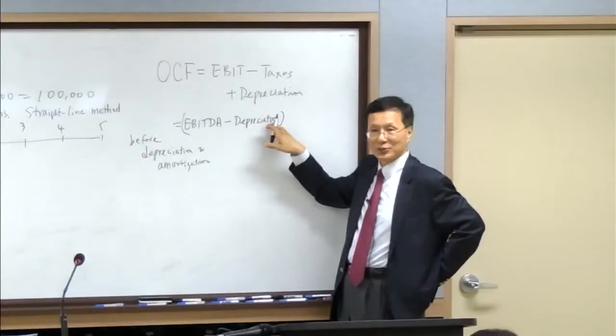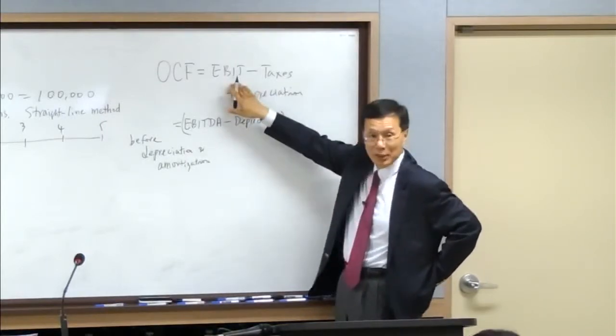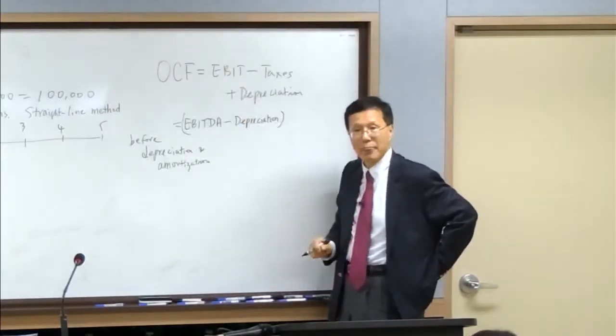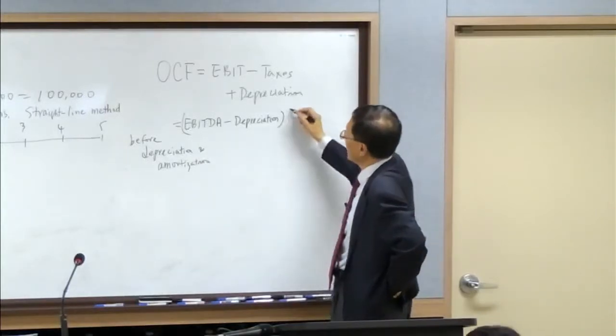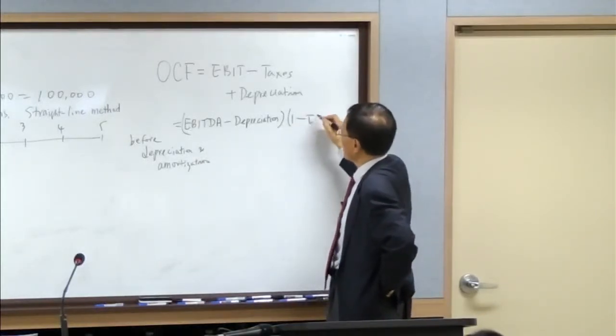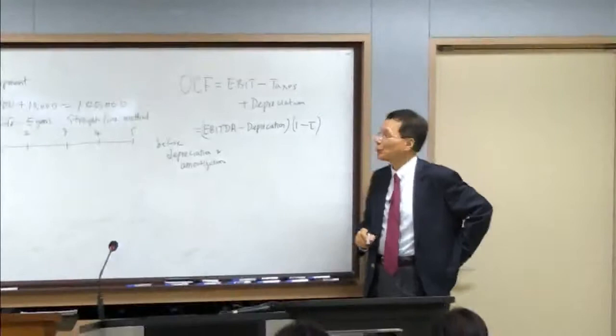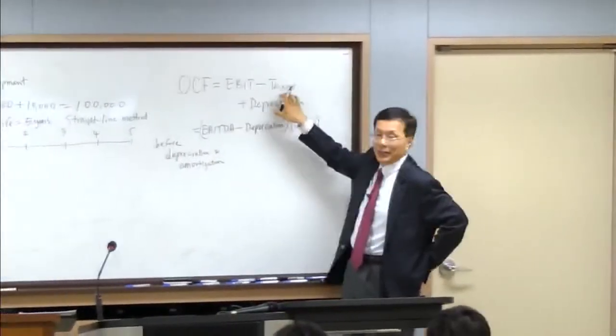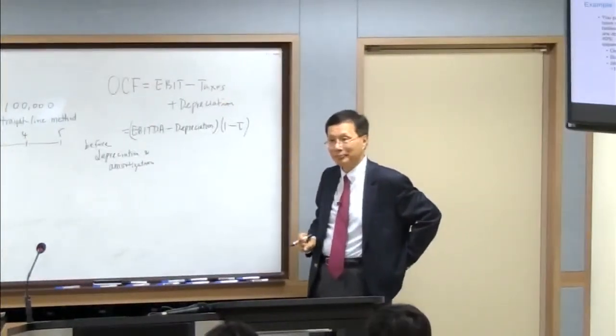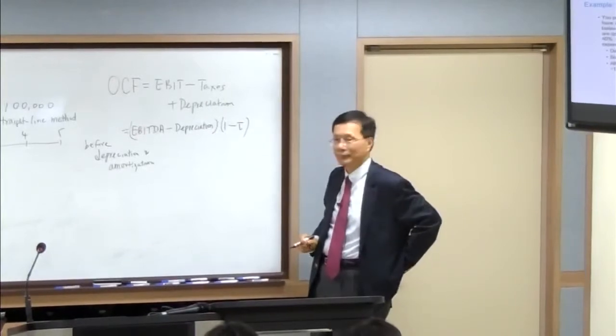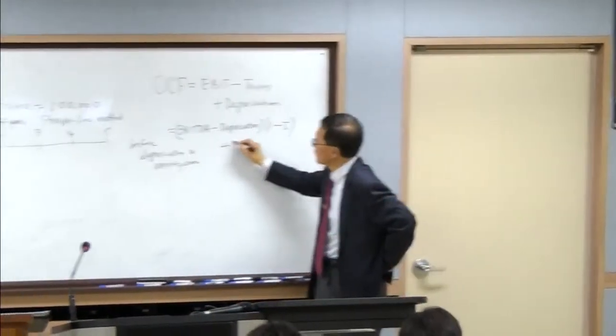Subtracting depreciation and amortization will give you EBIT, right? And 1 minus tax rate will give you EBIT minus taxes, right? And you add depreciation.